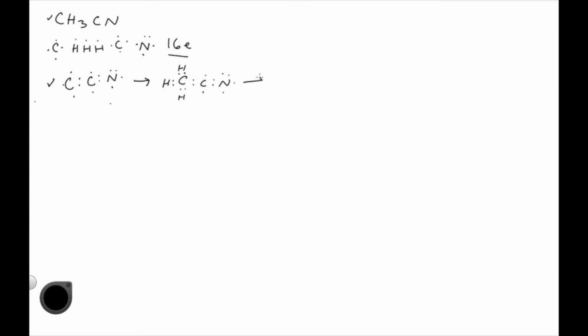So if we draw our structure over here, we have our 2 carbons connected to each other, and then we have 3 electrons in between them, and then our 2 electrons on top of the nitrogen. So if we count up the electrons, we have 16 electrons in total, so everything adds up.